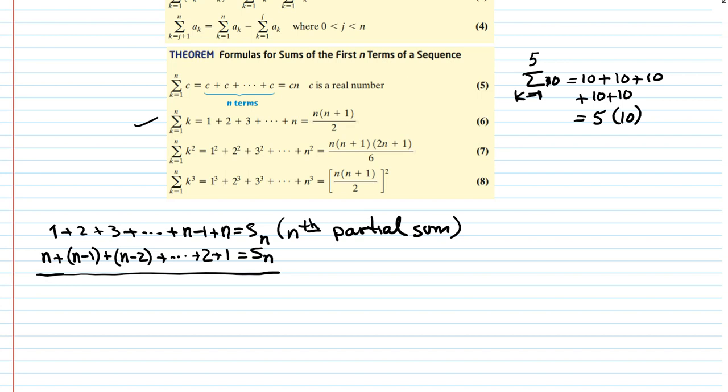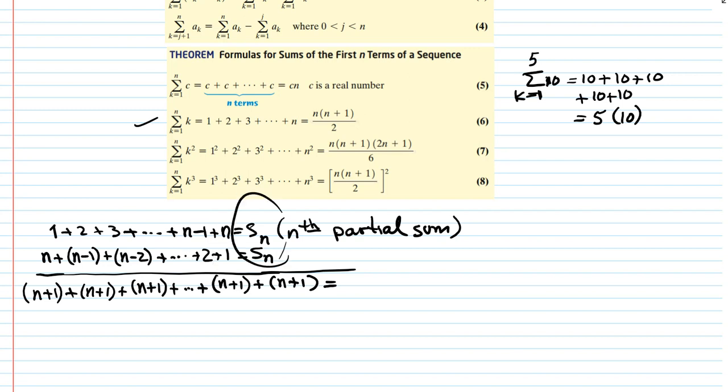On the left, we're going to add in columns, so I get n plus 1, plus these two add to n plus 1, plus these two terms add to n plus 1. Isn't that cool? And plus the last two terms, n plus 1.